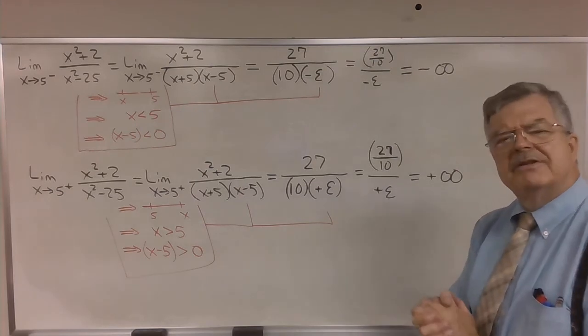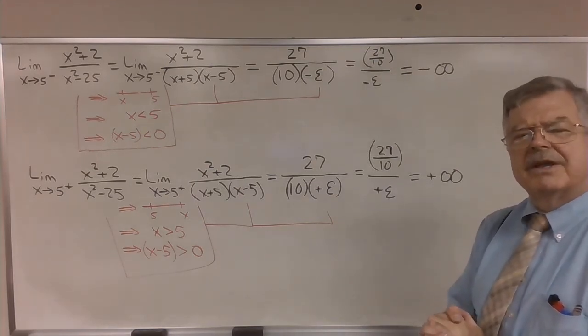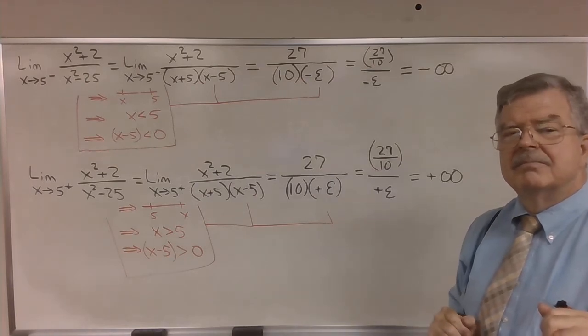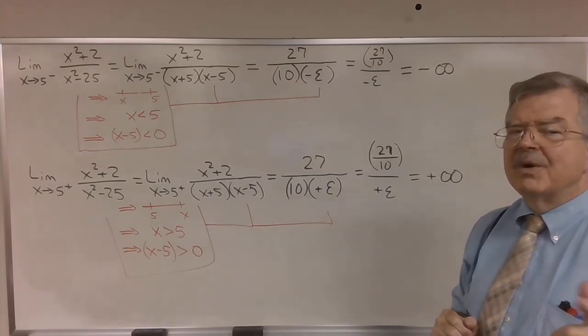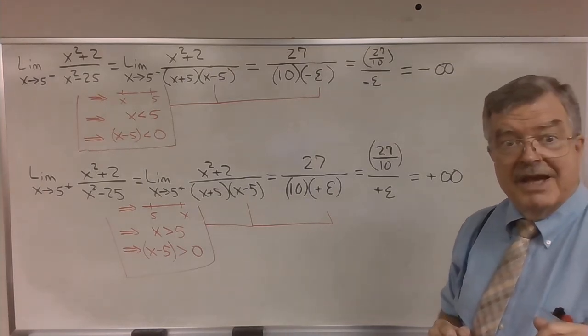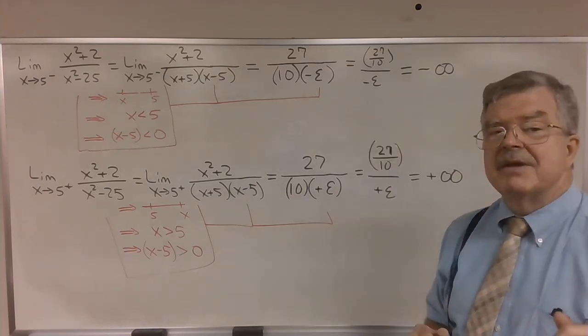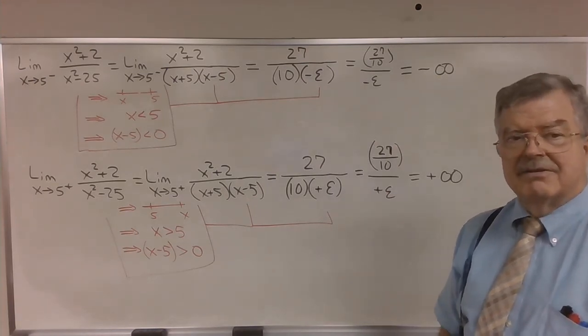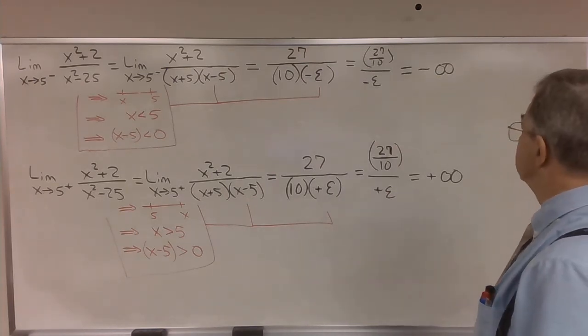If the two one-sided limits are not equal, what can we say about, quote, the limit, end quote? What did we say the other day? We said that, quote, the limit, end quote, does not exist, right? That's what we said.